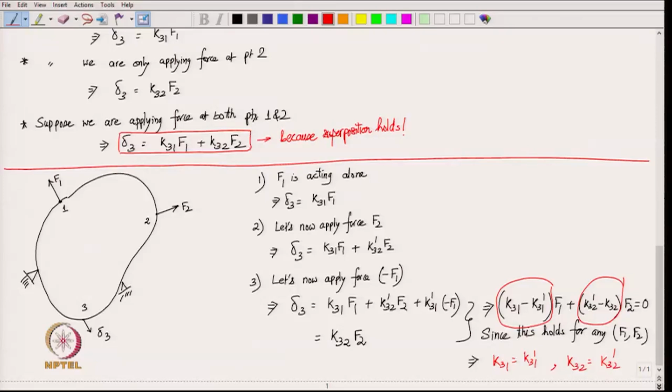So, this tells us that in our step 2, when we have both F1 and F2 acting, delta 3 is simply K31 F1 plus K32 F2, or the superposition holds. So, this is another proof for superposition.